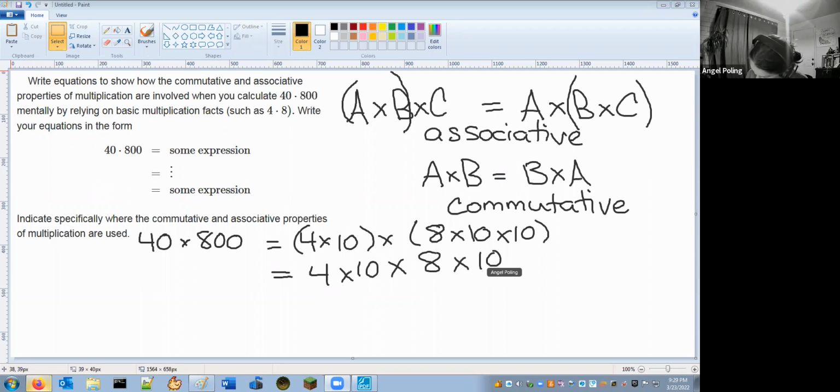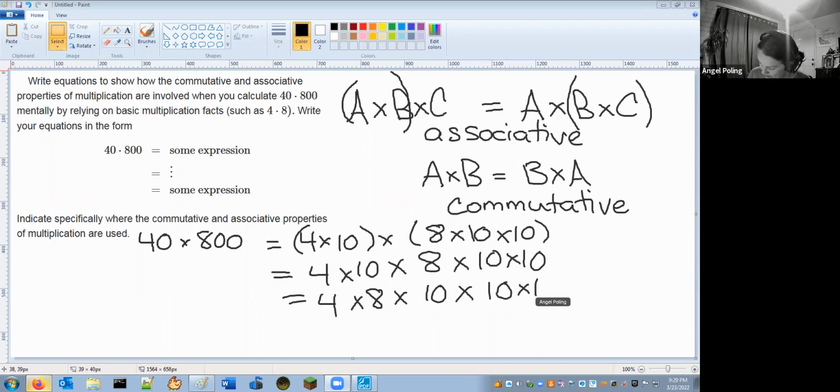Wait a second, and now move these two so that here in this next equal sign, I've used the commutative property. So to make the next equal sign true, I use the commutative property.